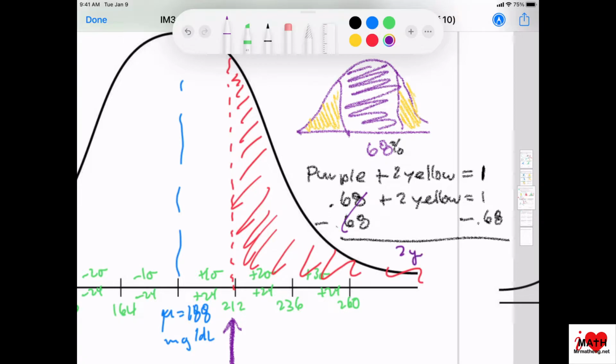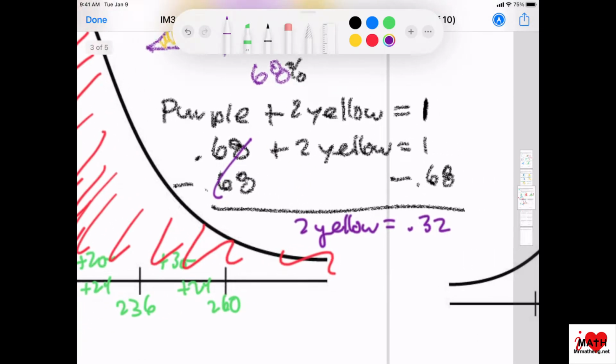2 yellows equal 0.32. Because it's like $1 minus 68 cents, you get 32 cents. And then if I divide that by 2, I will get each yellow region to be 0.16.